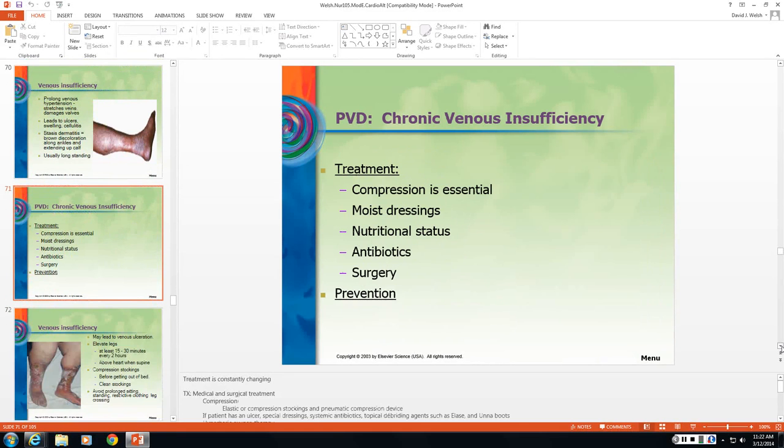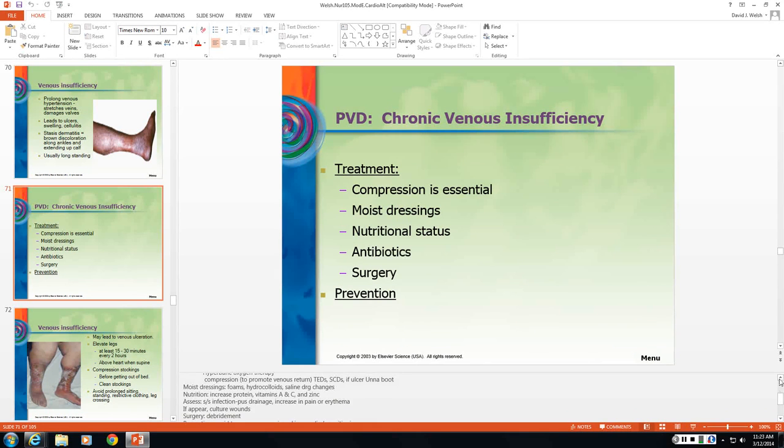So treatment for chronic venous insufficiency is going to be compression hose, so compression stockings, moist dressings, looking at their nutritional status, antibiotics, and sometimes surgery. Now, compression hose we talked about, you're going to use elastic or compression stockings, pneumatic devices.